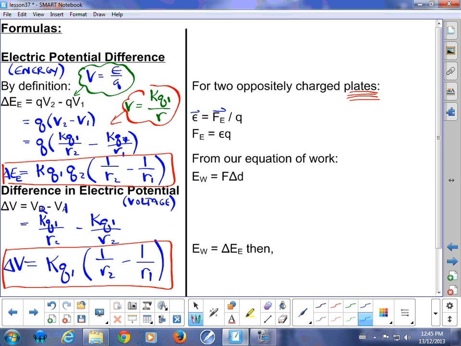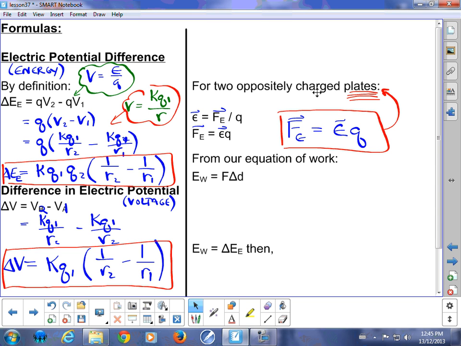Rearranging that equation, electric force can be calculated by E times Q, the field strength multiplied by the charge of the particle. I'm going to put that in a box as well, and again, this falls under parallel plates.